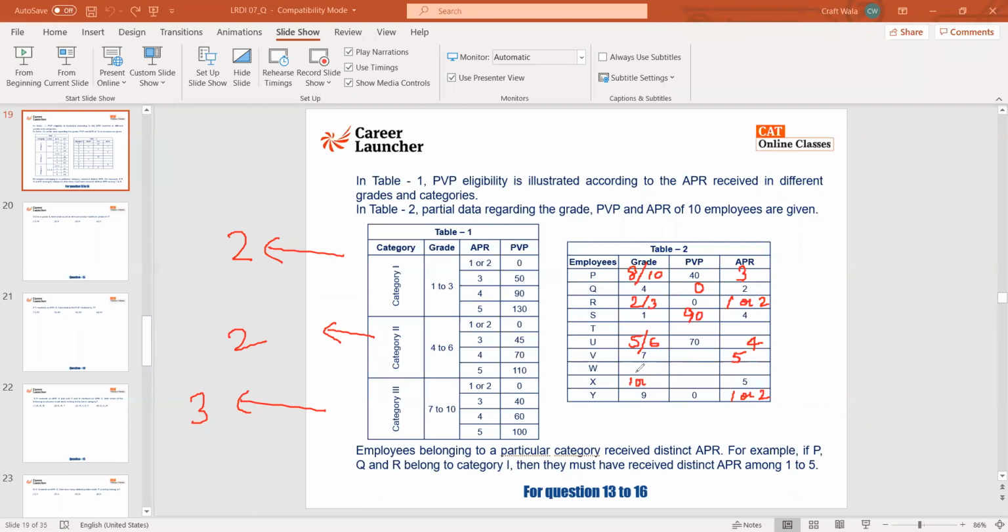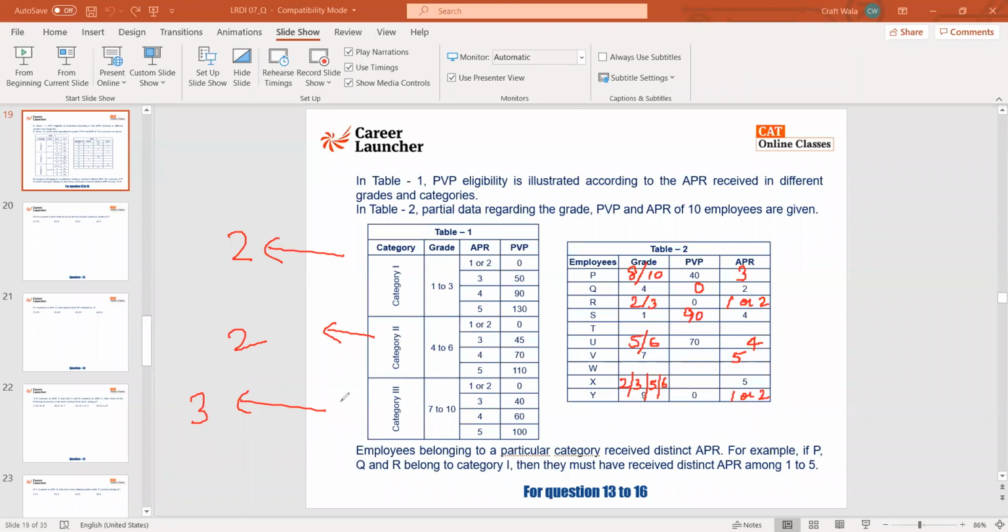So in category 1, the numbers remaining are 2, 3, 5, and 6. 1 and 4 are already written. So that means his grade can be either 2, 3, 5, or 6.